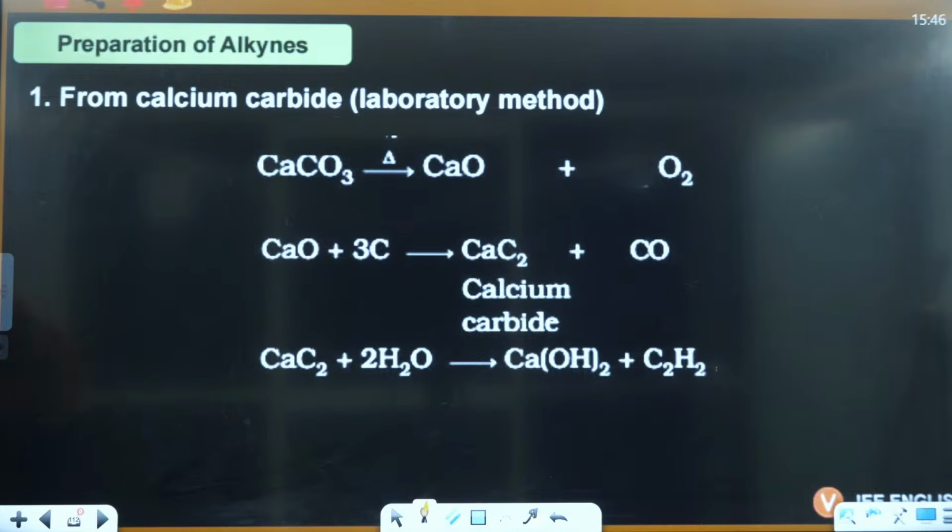Tell me, do you want to do it in the next class or today itself? Ramcharan is saying, ma'am, maybe tomorrow. Abhishek is saying, your wish, ma'am.